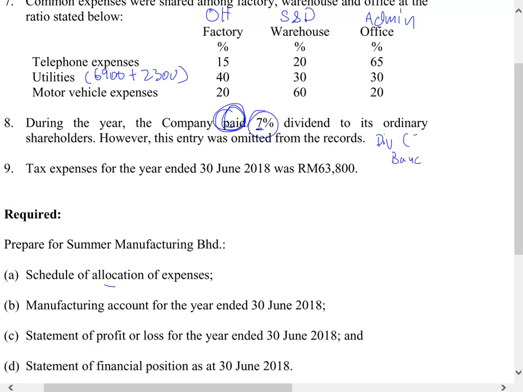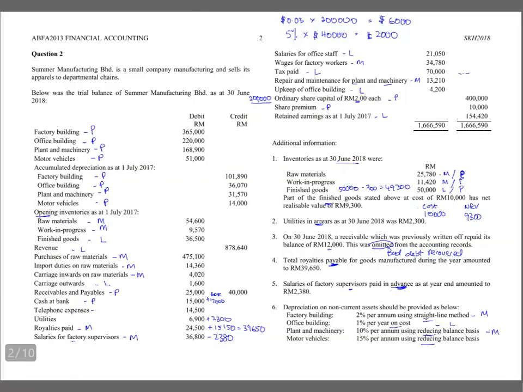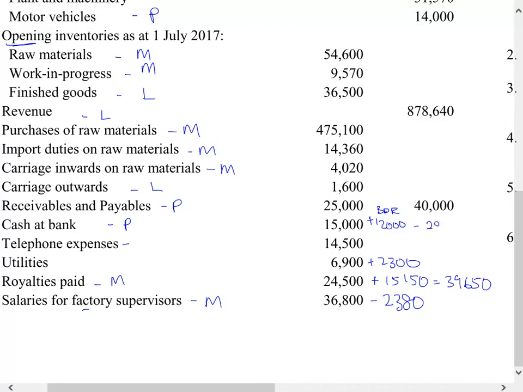How much? 7% of 200 or 400? 400,000. So 28,000. Have we recorded when I made the payment? It was omitted. So we have to record the payment of the dividend. So in your bank account, we must record the payment 28.